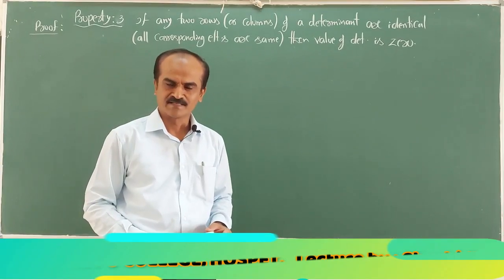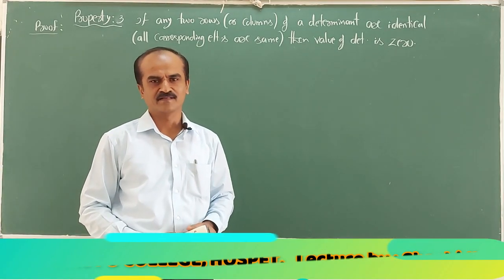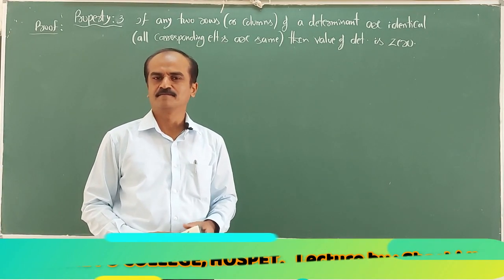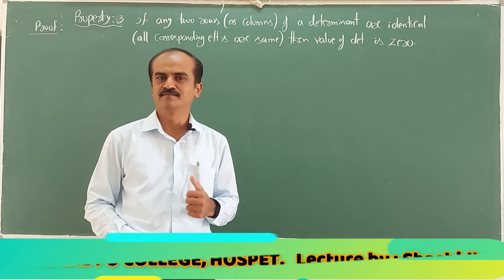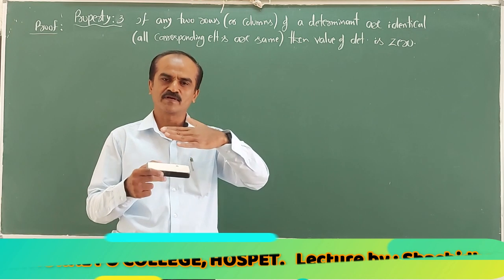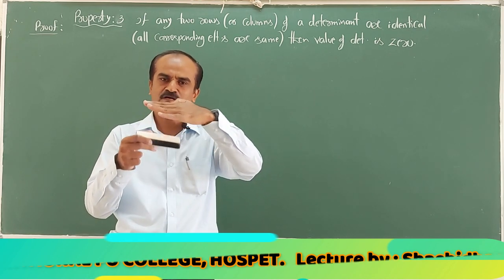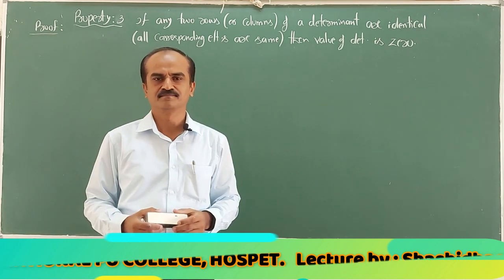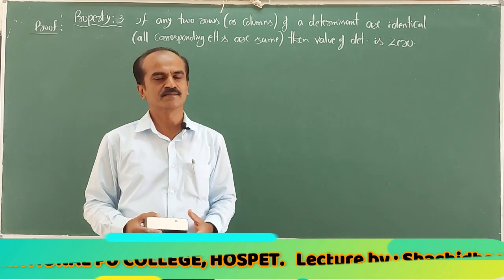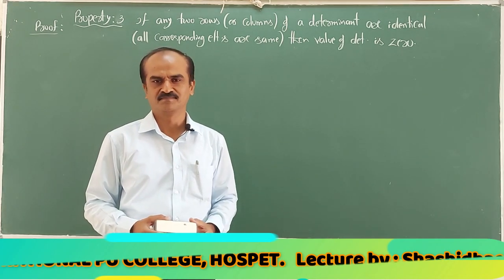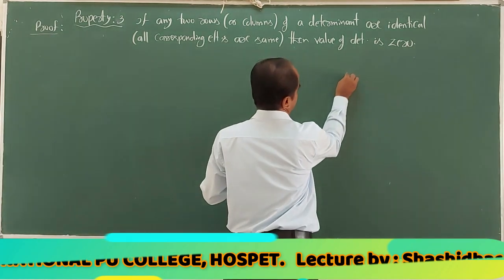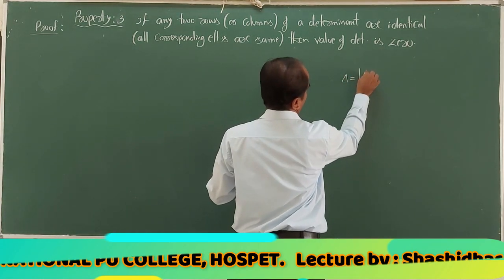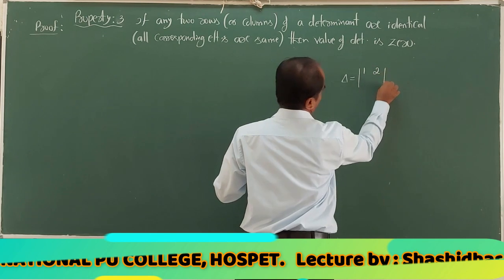Property 3 says, in a determinant, if you observe any two rows or two columns are identical, that is corresponding elements of two rows are one and the same, then value of such a determinant is 0. Now let me prove this, or before that let me give an example. Say I take delta equal to first row 1, 2.